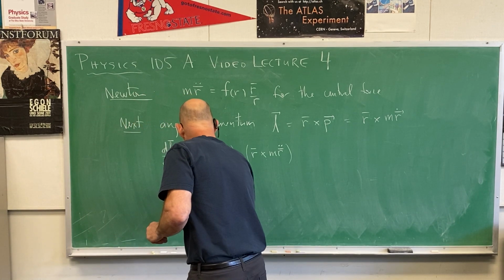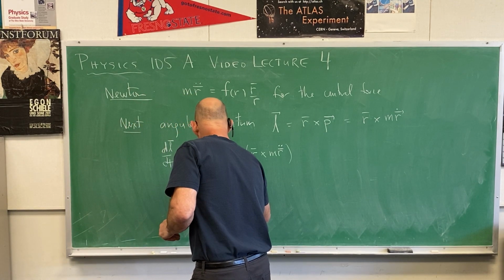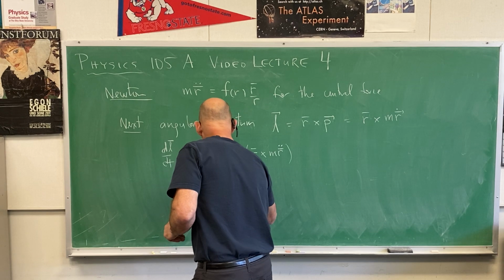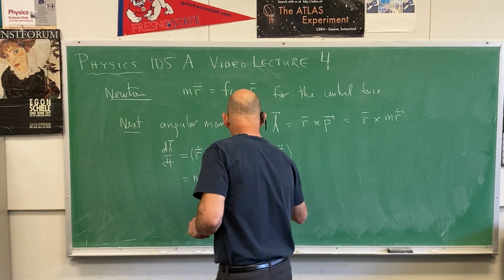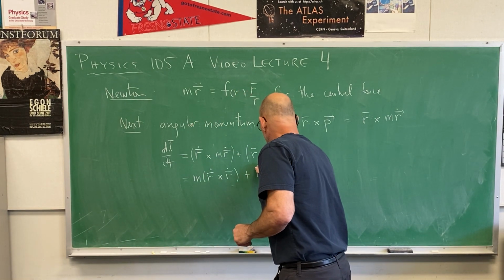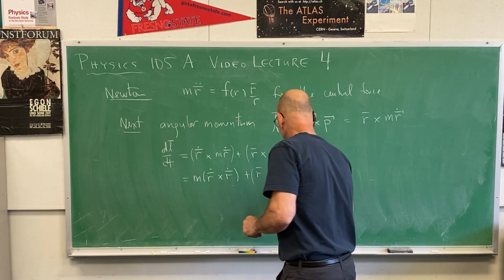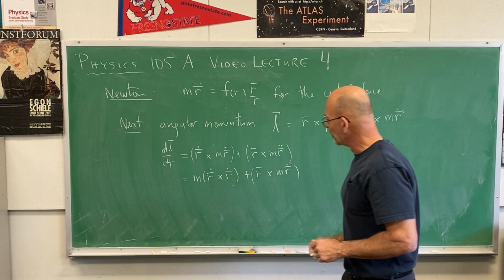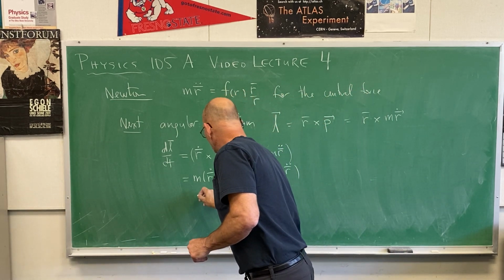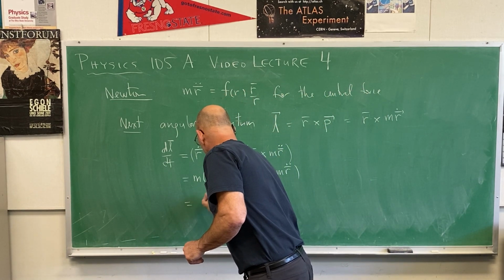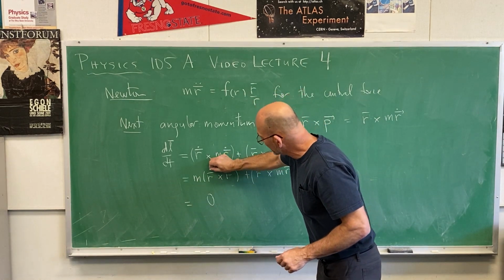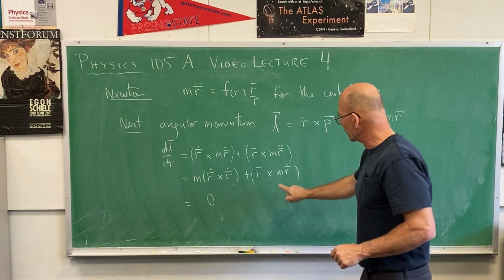You got a product rule, you're just applying this way. I'm going to do this really thoroughly. r dot cross r dot plus r cross m r double dot. Derivative. One more step. This already we know is already zero. Okay. Because these two vectors are parallel. So that's zero. What about this here?